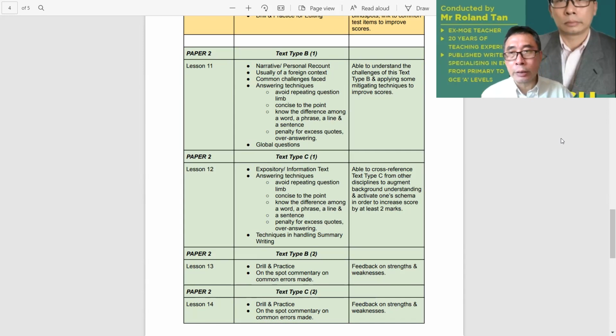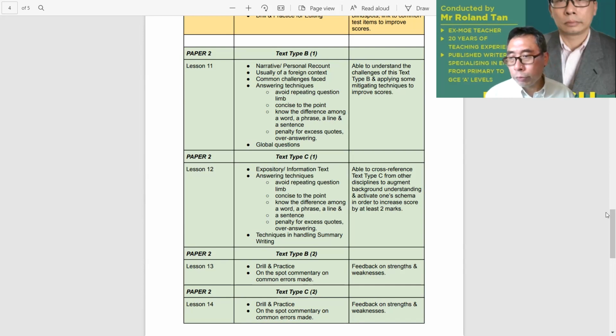Global questions are not exactly easy because the students have to identify the mood of the atmosphere or the characters as the narrative progresses through the plot. So the outcome of this lesson is that students are able to understand the challenges of this text type B and apply some mitigating techniques to improve scores.